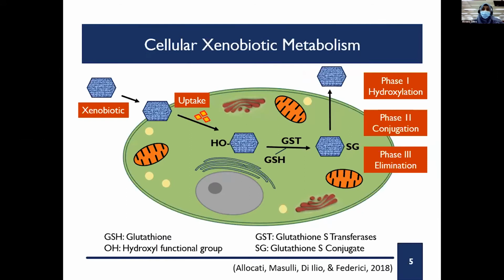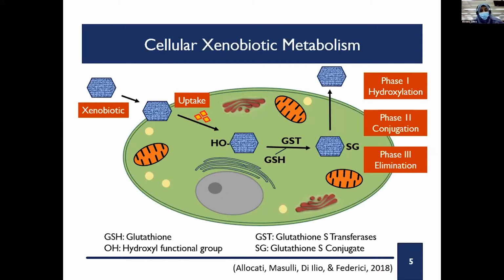In the human body, when these xenobiotics are taken up by the cell, they require multiple enzyme systems for their metabolism. Initially, some enzymes come into action and facilitate hydroxylation of these xenobiotics, and as a result they are converted into reactive intermediates.